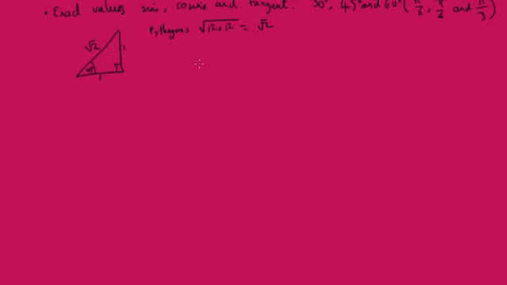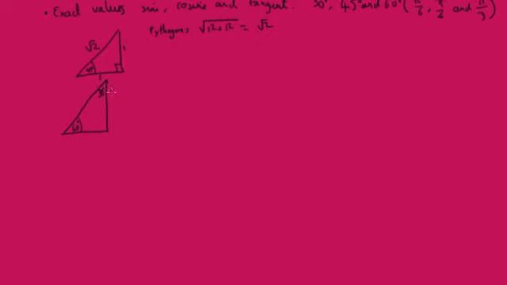I'm just going to write that up there just now and leave it. Now we can think of another triangle. This time we have 60 degrees. Now half of 60 is 30.